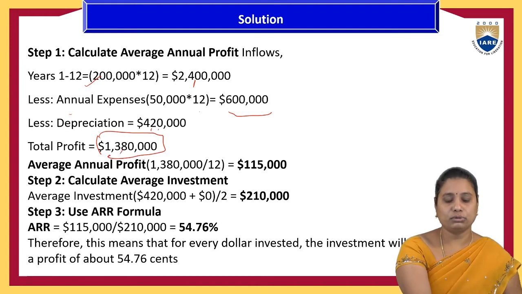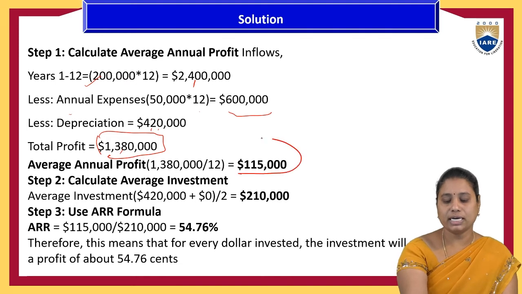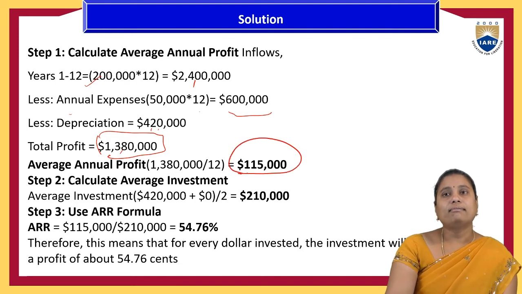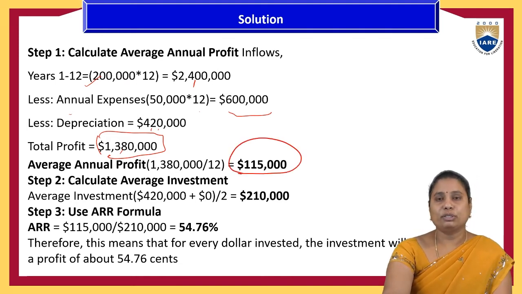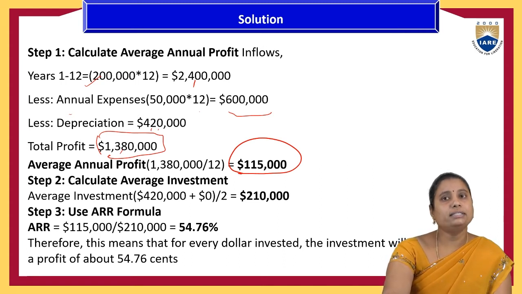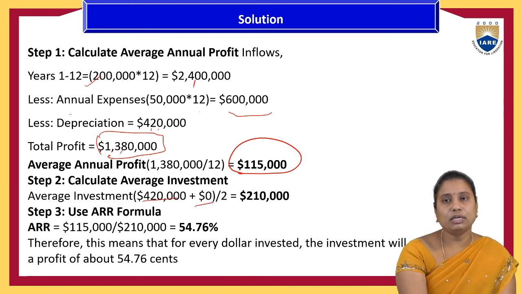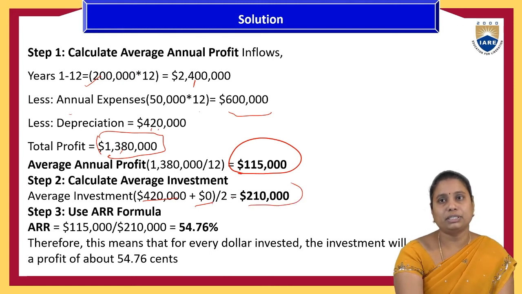The average annual profit, for the total 12 years, is divided by 12, so on an average they get 1,15,000 rupees of profit every year. Step 2 is calculation of average investment: first year 4,20,000, salvage value 0, divided by 2, so the average investment in that machinery is 2,10,000.